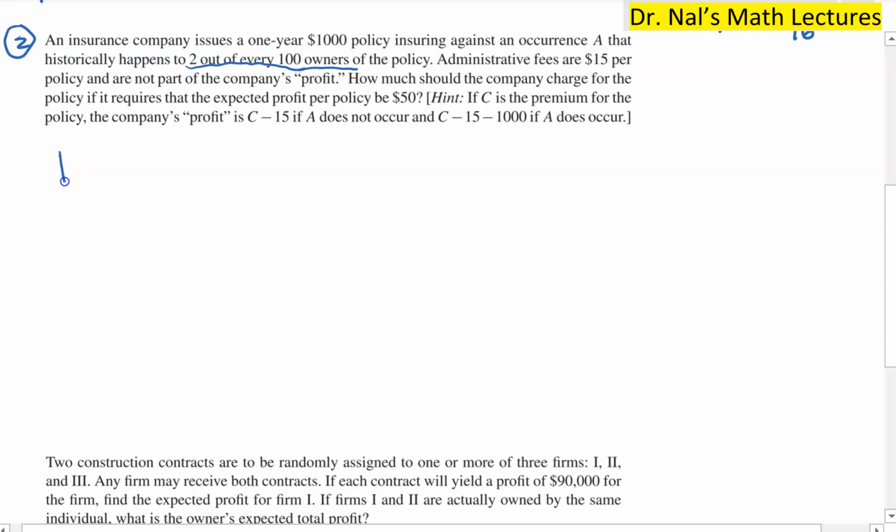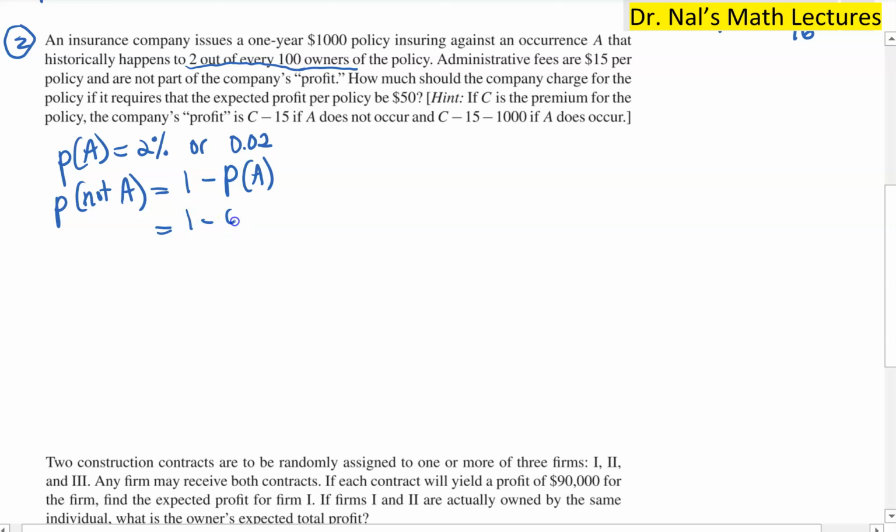So the probability of A happening is 2%, or you can write it in decimal 0.02. And the probability of A not happening, not A, is 98%. Why 98%? It's 1 minus the probability of A happening. But the probability of A was 2%.